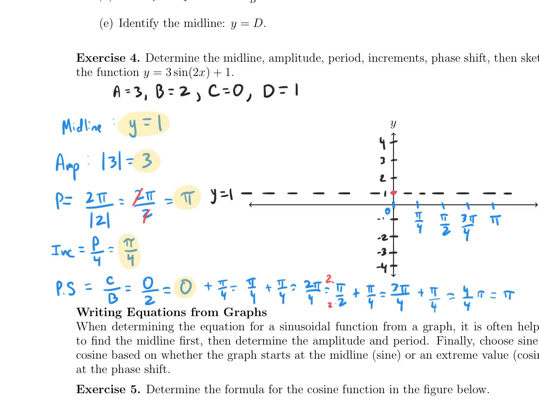So now we have to go to the next increment, and we have to go up 3 units. So that's going to be 1, 2, 3. So at pi over 4, you would go all the way 3 units up. And then at the next increment, you go back to the midline. At the next increment, you would go down from the midline. Actually, that would not be correct, right?